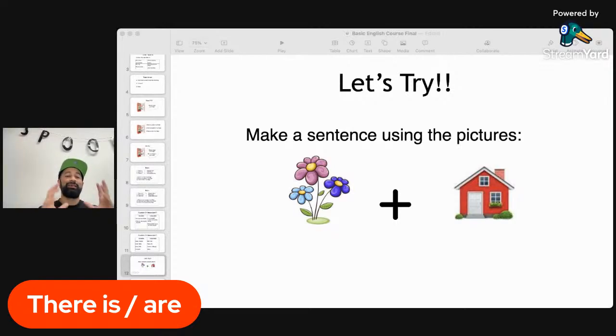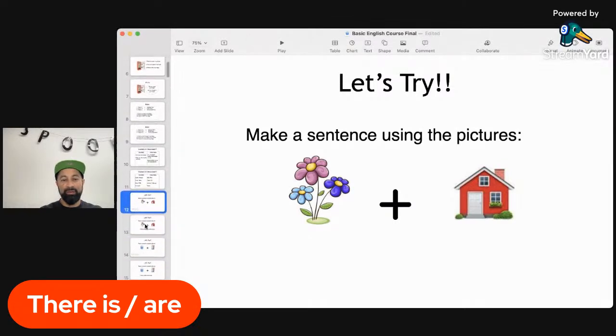So I've got the noun plus the location. So with this, I want you to make a there is or a there are sentence. I'll do the first one for everyone, and then after that, everybody can try with their next ones.